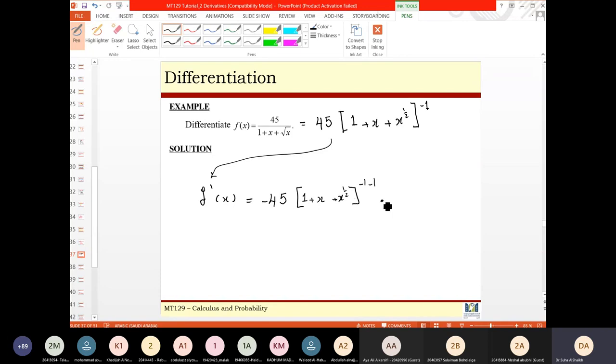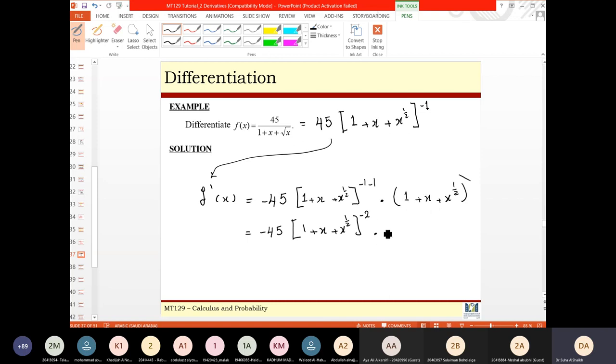Am I done? No, I'm not done. I have to multiply with the derivative of 1 plus x to the power half. I want to find its dash. I write dash on it. This equals minus 45 times the bracket, which is (1 plus x to the half), to the power minus 2.